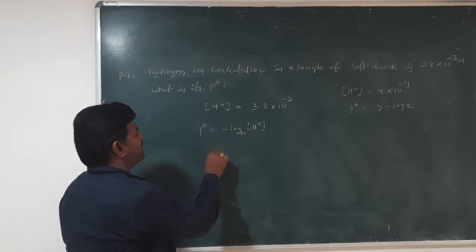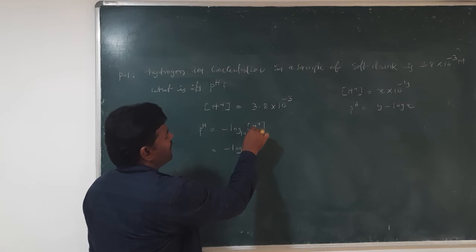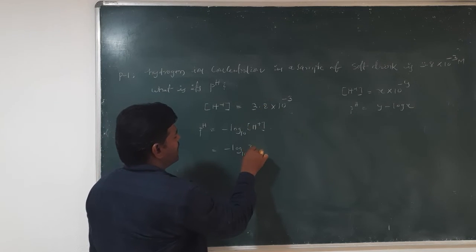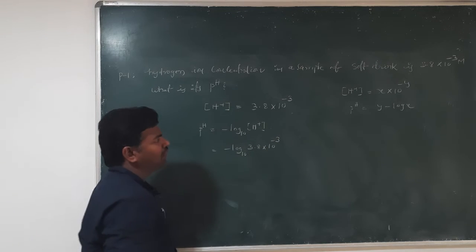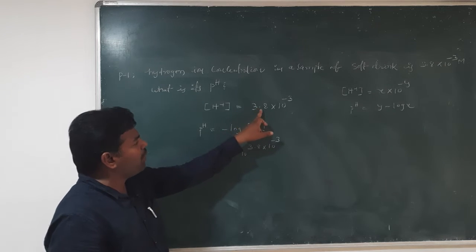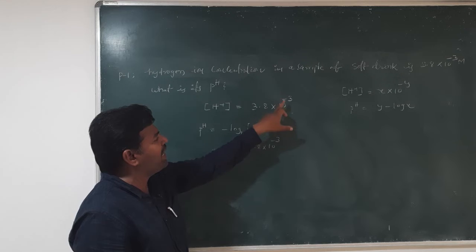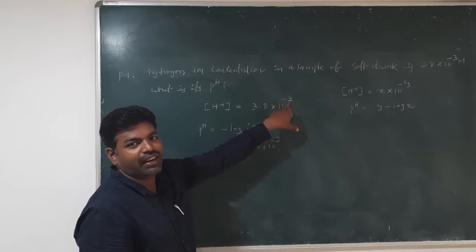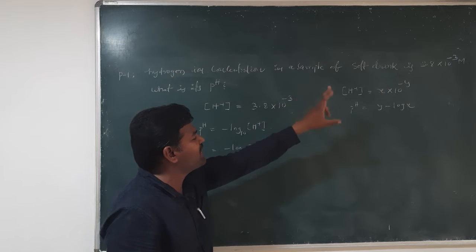So, here pH is equal to negative logarithm to the base 10 of the concentration of H plus ions, 3.8 into 10 power minus 3. If it is x into 10 power minus y, then we can write the pH of the solution as y minus log x.